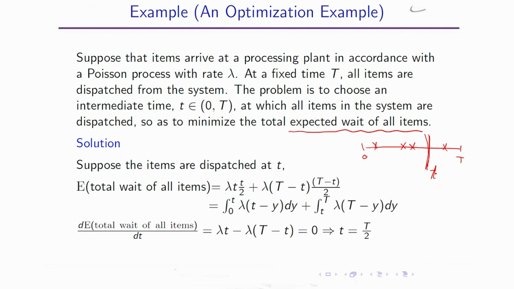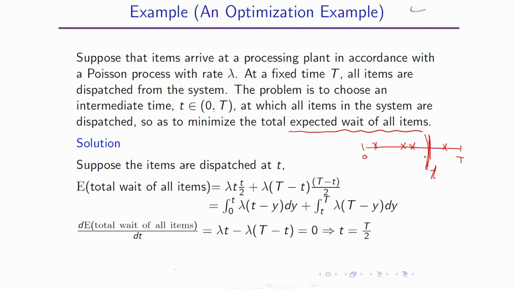Remember, from 0 to little t, those items arrive in accordance with the Poisson process, right? So based on what we know about the Poisson process, all the arrivals are homogeneous and distributed uniformly between 0 and t.